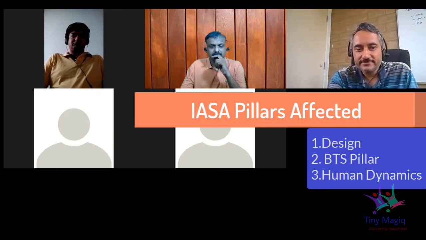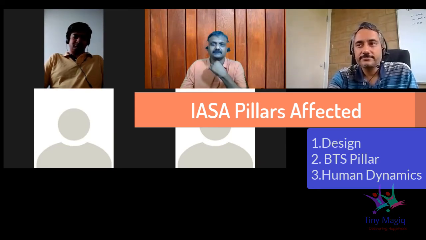So how has that manifested, and which pillars can we map that debt to? Obviously the primary one is design, since we fundamentally did not understand how the public data works. Then we also have to map it to the BTS pillar, because this product has been developed, cost has been incurred, and now we have to fix it. There is an additional cost associated with it, and who pays for that is still a question.